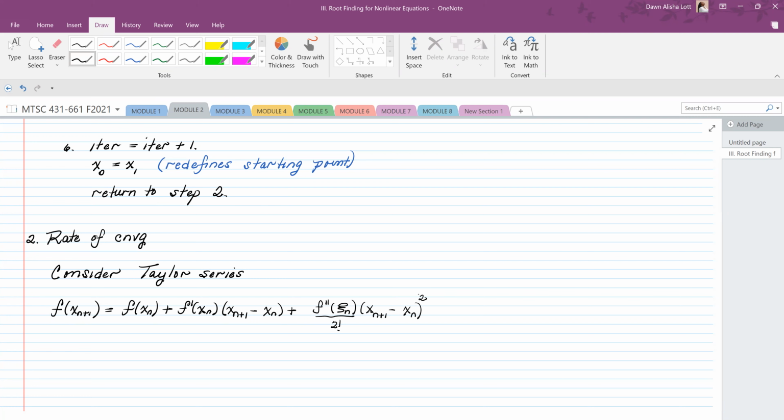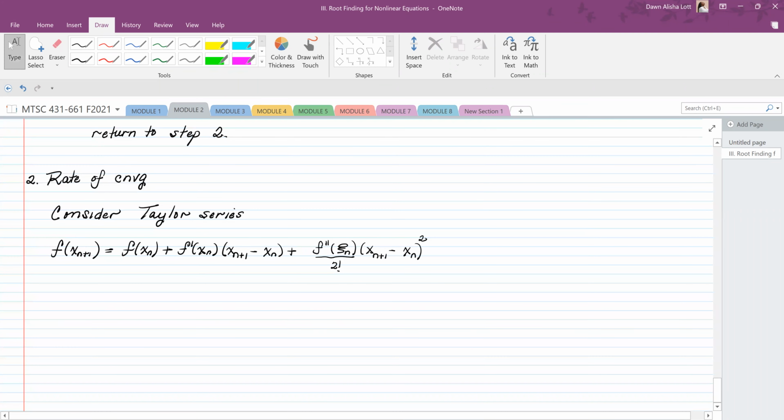Again, our hope is that our xn is actually our root. So we're going to consider this for our root alpha to actually be xn plus 1, or our next guess.